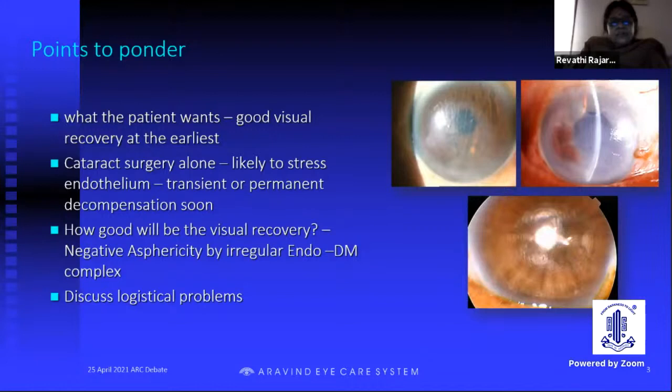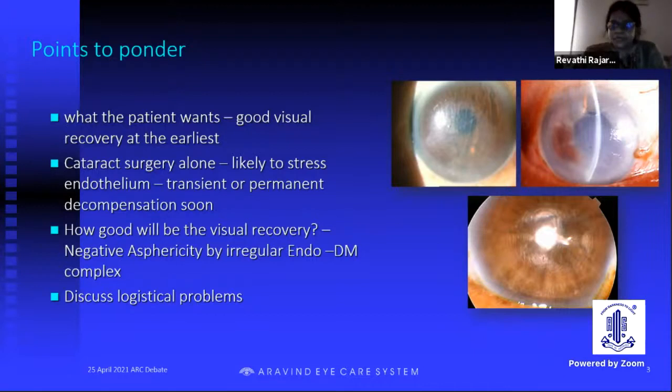In addition, we have to consider how much of the visual symptoms is contributed by the diseased endothelial Descemet's membrane complex. The negative asphericity of severe Fuchs itself can cause visual disturbances, which will not be addressed by cataract surgery alone.